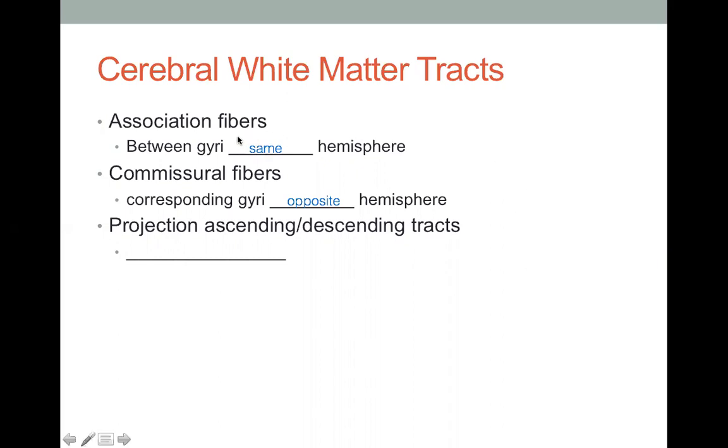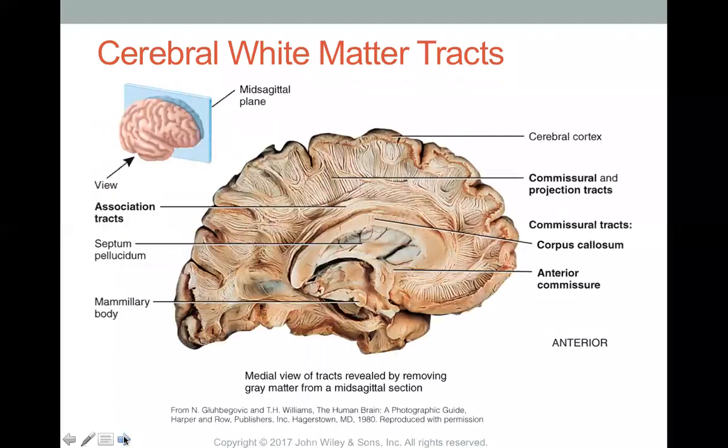Now, between the gyri, same hemisphere, so we will stay right to right or left to left. And then corresponding gyri in opposite hemisphere, so we will move from right to left or left to right. All right, so here you just get a better image of this with a medial view, so we actually remove the gray matter.